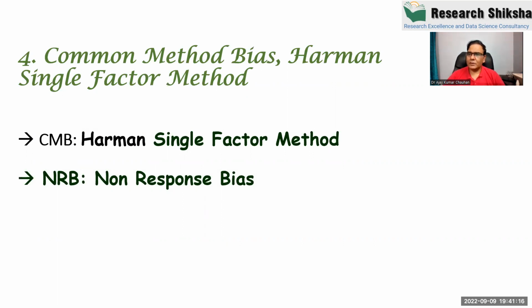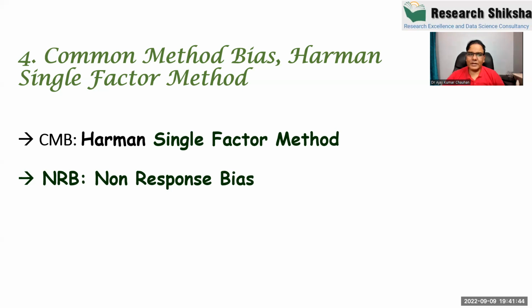Bias can be defined as a tendency of a respondent to answer on an extreme side, either very poor or very good. If the respondent has a tendency to respond at the lower extreme or the higher extreme, this problem is known as bias.